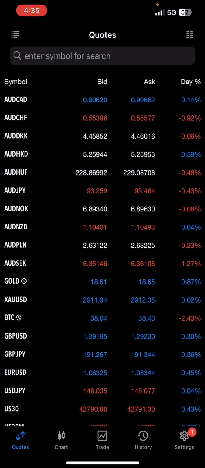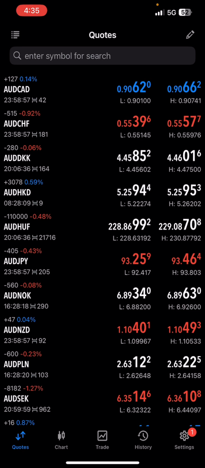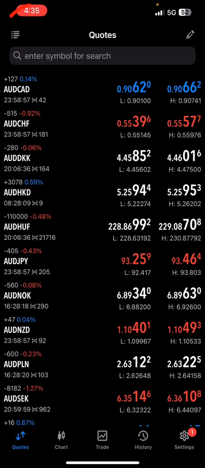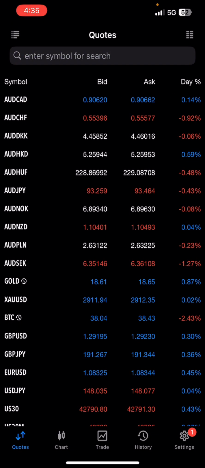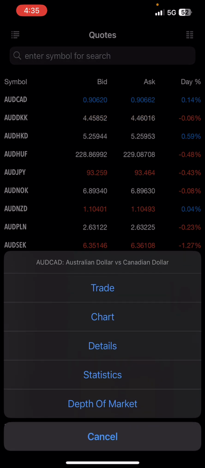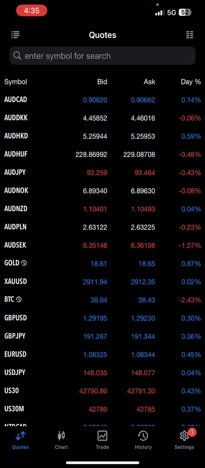If you press this first button at the top here, you see like this. If you press the second one, you see like this. So you won't be able to delete some because there are major pairs that the broker doesn't want you to delete. But for some others, you click on it and you see delete. Any that's not a major pair, you can just delete.